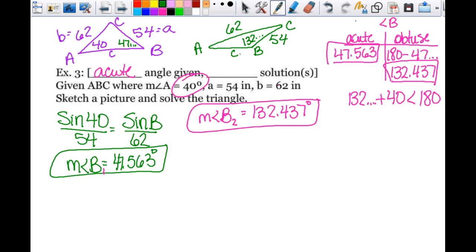So now I'm going to come back. I got to find angle C for both of them, right? So when I have my B1 right here, then the measure of angle B1 plus 40 plus the measure of angle C1 has to equal 180.